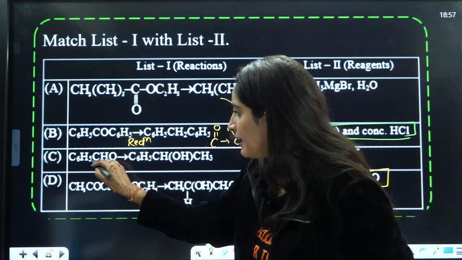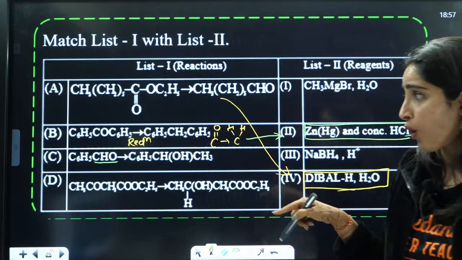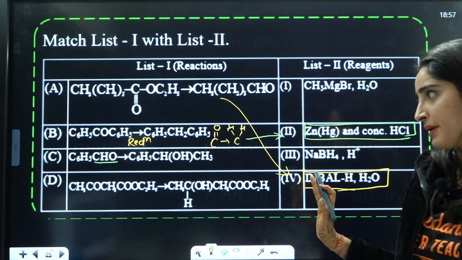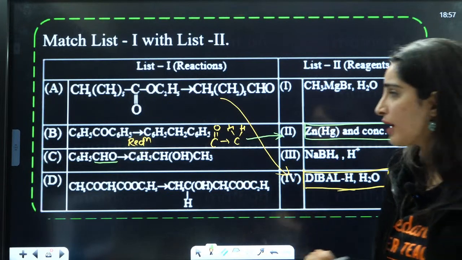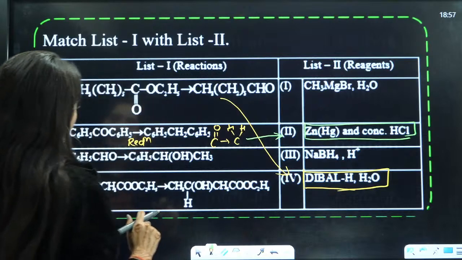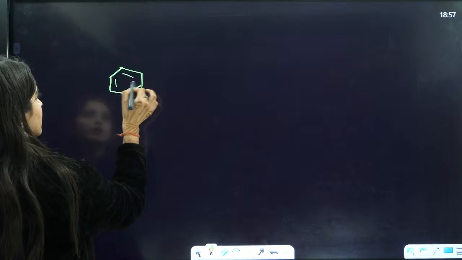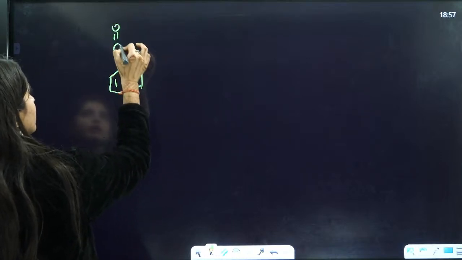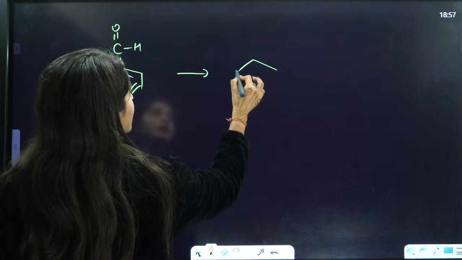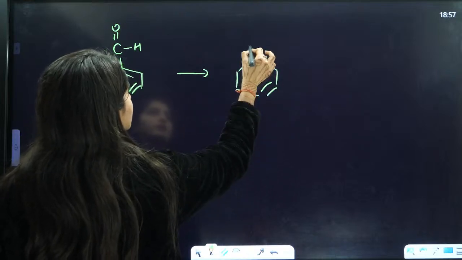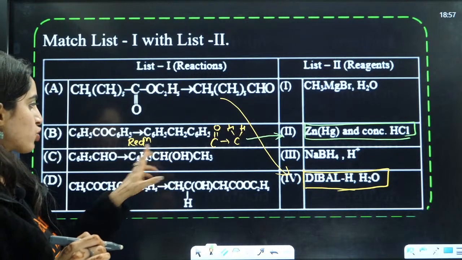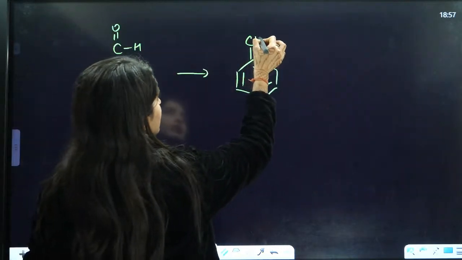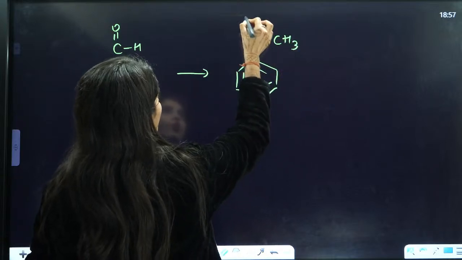Now here you have an aldehyde and this is converted to alcohol. That means again reduction is happening. But can you see one thing here? This is C6H5CHO, and that is converted to C6H5CHOHCH3, this is CHCH3 and this is OH.